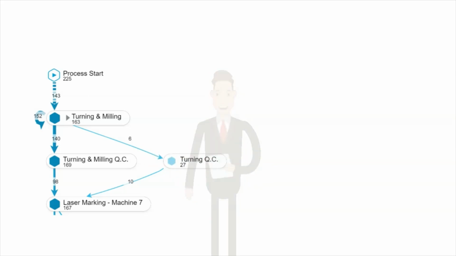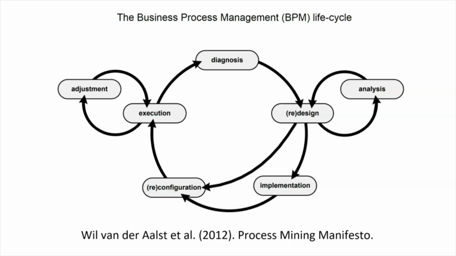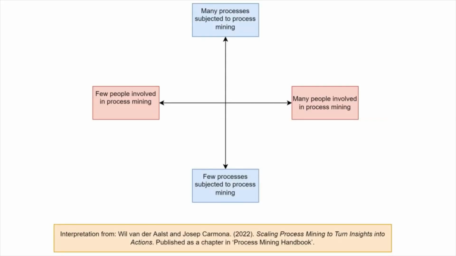Using the findings of such a one-time report, recommendations for process improvements might be implemented and perhaps evaluated by another similar analysis and report in the future. In other words, process mining applied to only a few processes and involving only a few people in the organization.